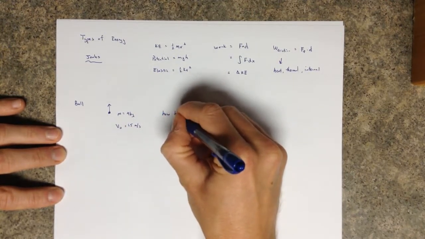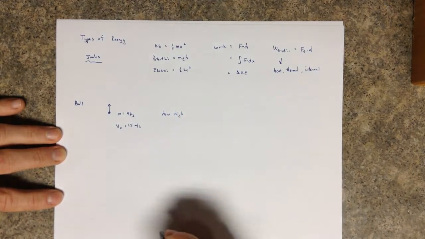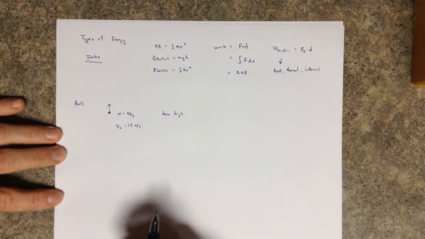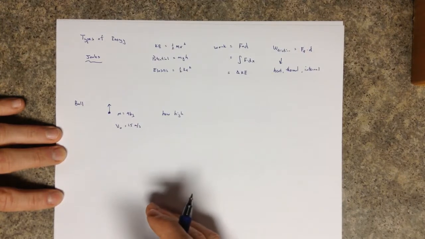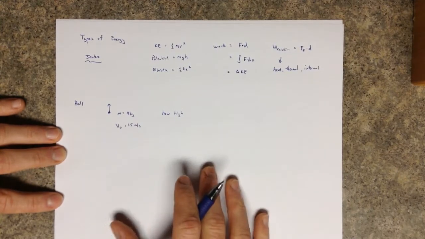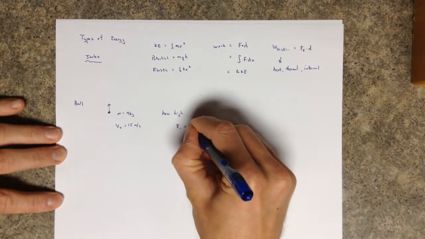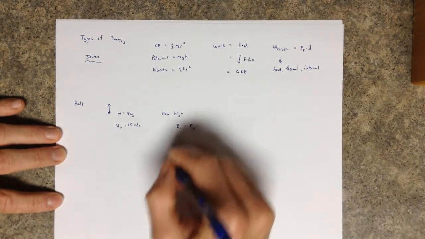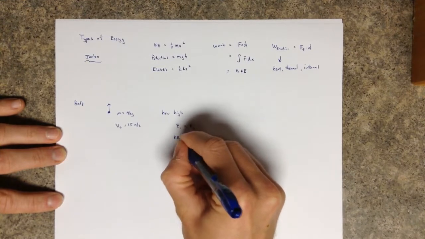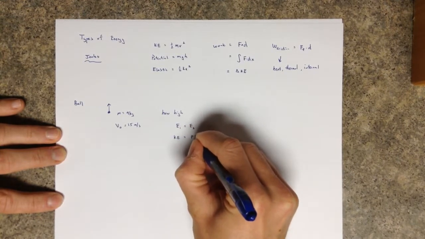And instead of looking at it from a kinematics point of view, using maybe the v squared equation or acceleration due to gravity, we're just going to use conservation of energy. And so what we're going to say is that the energy at the beginning equals the energy at the end. The energy at the beginning is all kinetic energy, and at the very, very top, it's all potential energy.